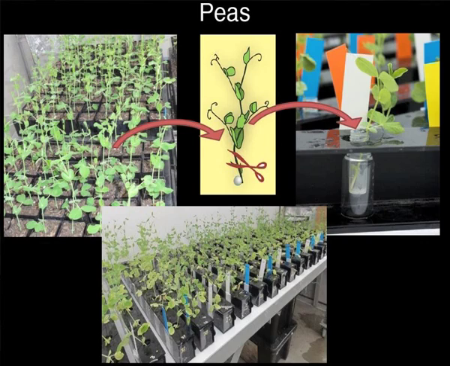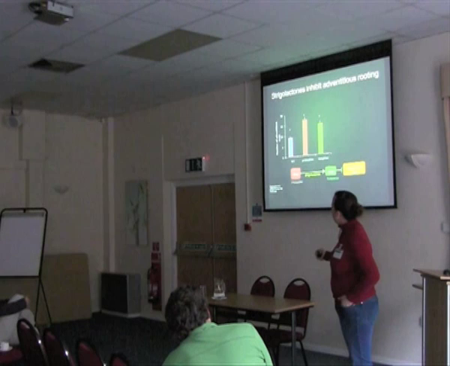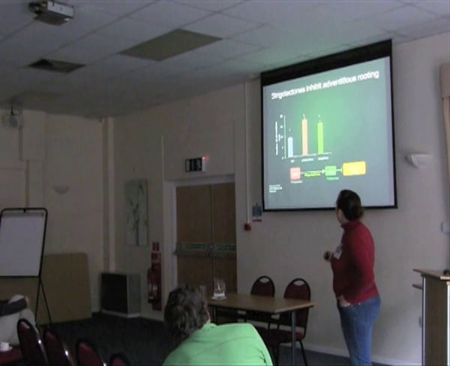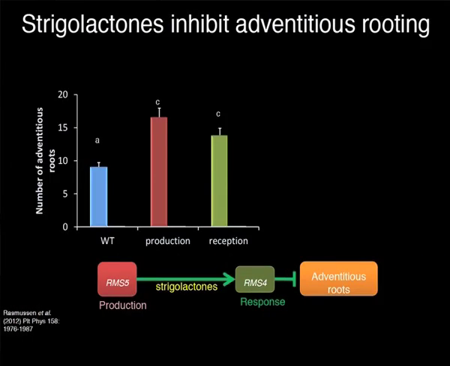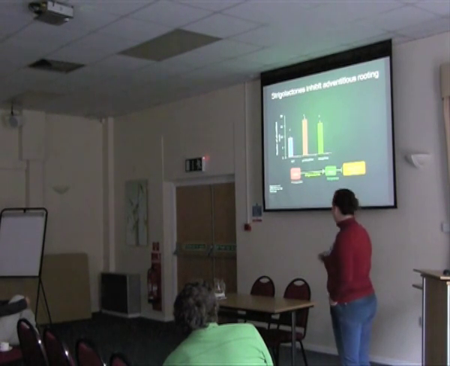And so what we found is that this is the wild type level of adventitious roots here. Again, this is the number of adventitious roots up the side. If you block out strigolactone production, so this one here, you get more adventitious roots. And similarly, if you block out this part of the pathway here, the response part, you get more adventitious roots. So it looks like strigolactones are blocking adventitious roots because when you remove strigolactones, you get more.